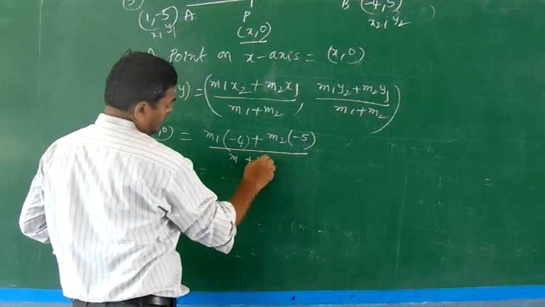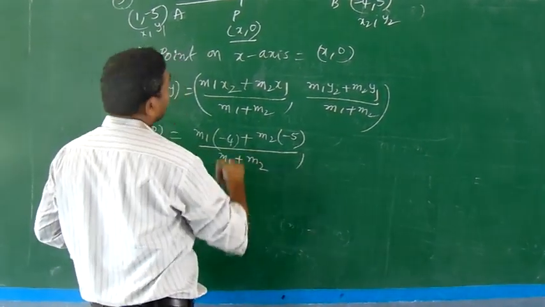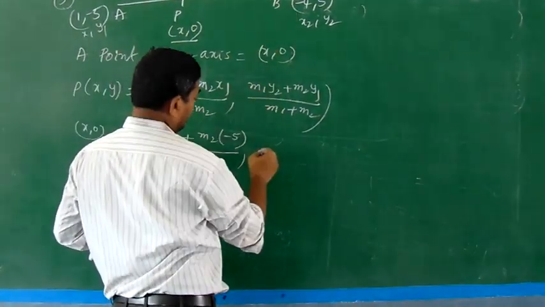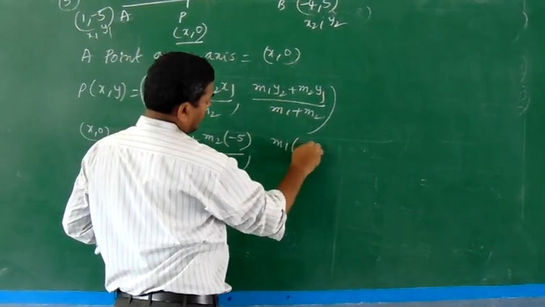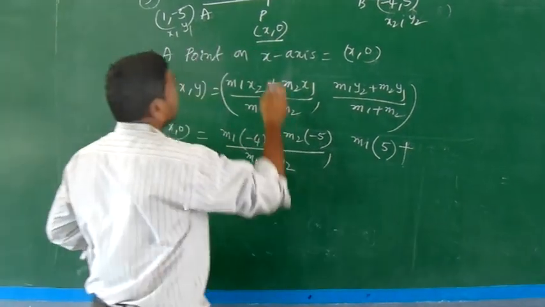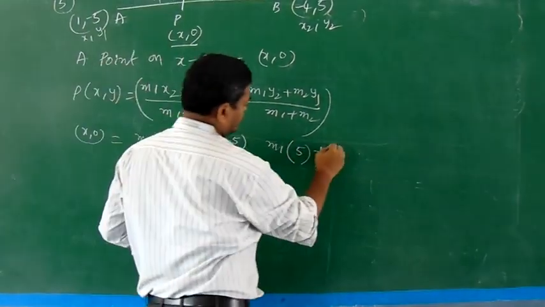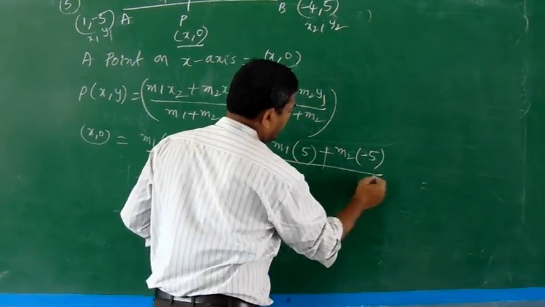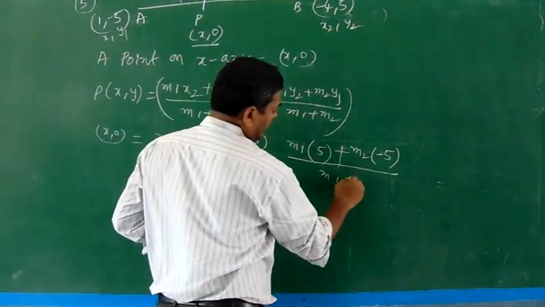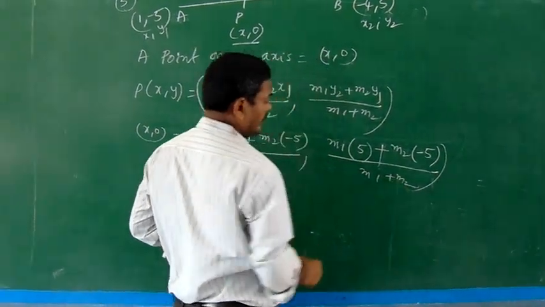We don't know m1 plus m2. Now for the y coordinate: m1 into y2, which is 5, plus m2 into y1, which is minus 5, divided by m1 plus m2.